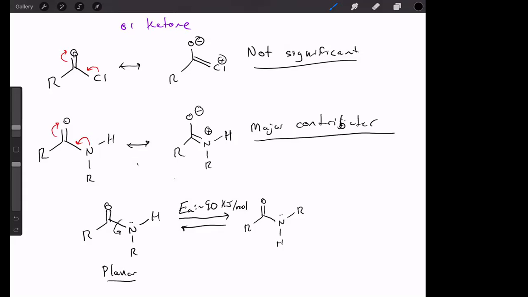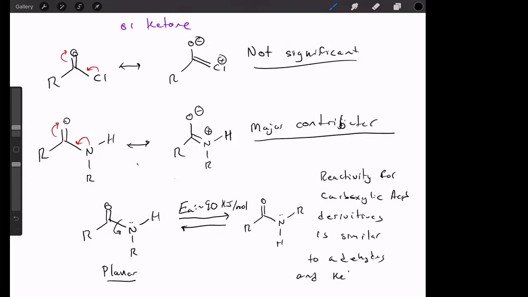So for the carbonyl group, in general, reactivity for carboxylic acid derivatives is similar to aldehydes and ketones, with respect to the fact that the carbonyl group is a carbonyl group.